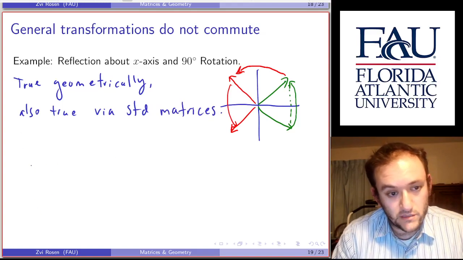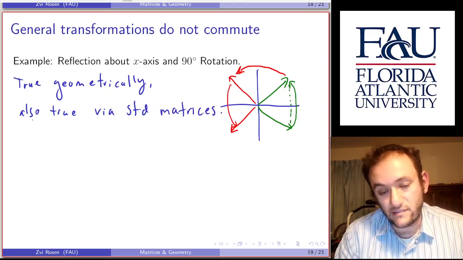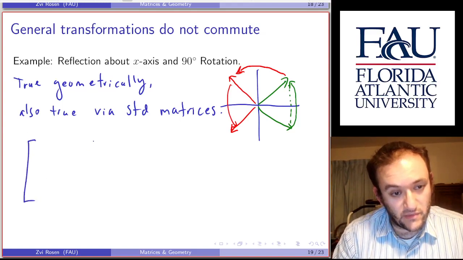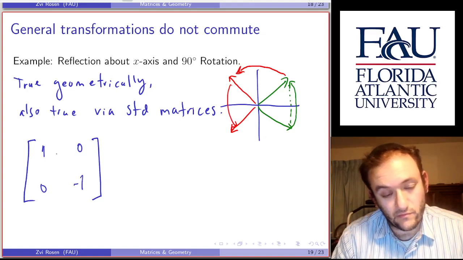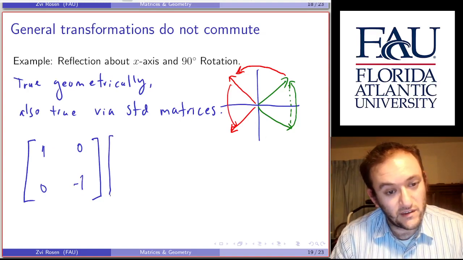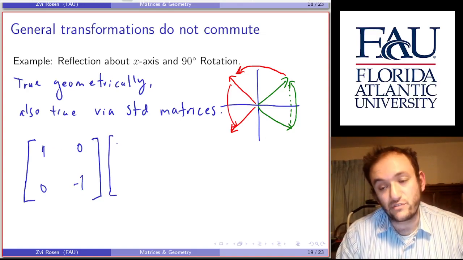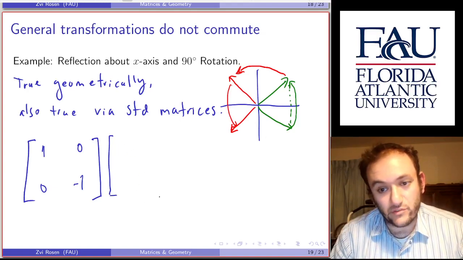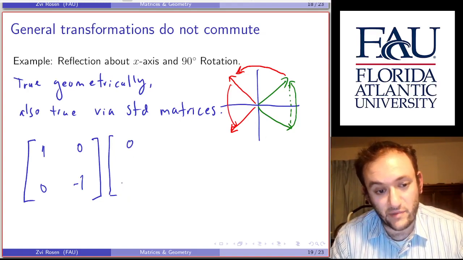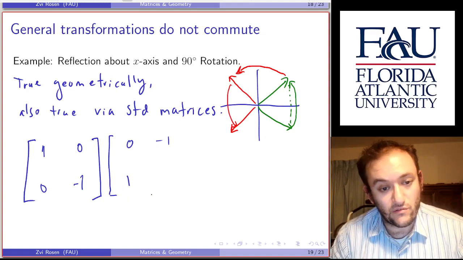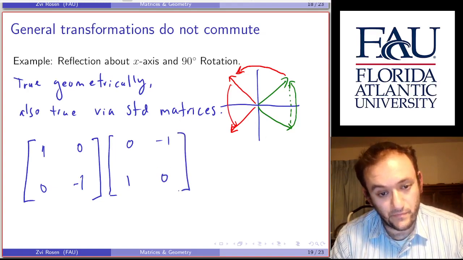Okay, so if we think about reflection about the x-axis, we saw earlier that the matrix for reflection about the x-axis takes 1 here and -1 here. And then 90-degree rotation is cosine pi over 2, sine pi over 2, minus sine pi over 2, cosine pi over 2, but we know that cosine pi over 2 is 0, and sine pi over 2 is 1. So that will be 0, 1, -1, 0.